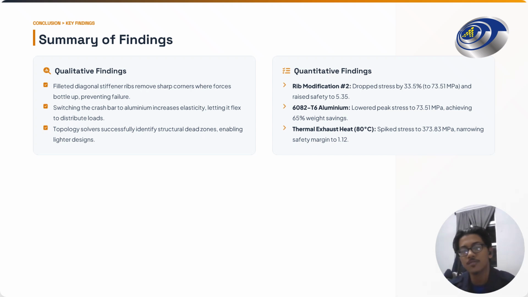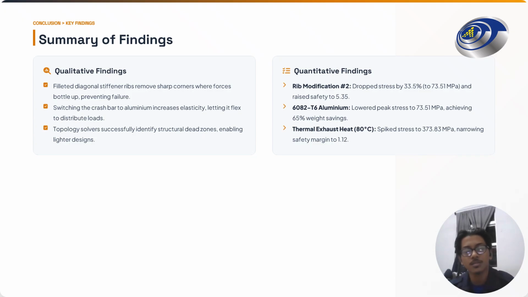So the quantitative findings that we have found are that for modification number 2, the design dropped stress by 35% and increased the safety factor to 5.35, while the aluminum alloy that we changed to lowered the peak stress, achieving a 75% weight saving.